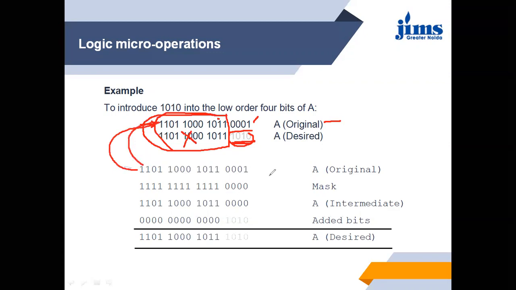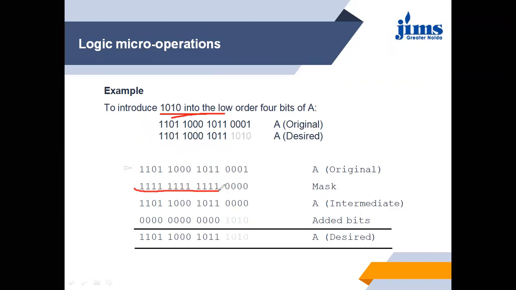Whatever we are doing, we are masking the other bits, because we do not have to change the value in these bits. So we will mask these bits by 1. When we mask these bits by 1, the values remain as they are.